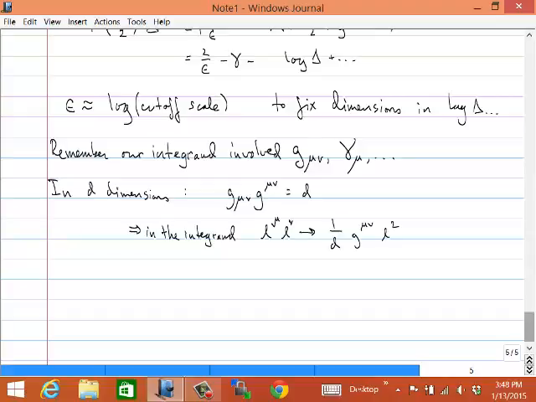So it turns out, and this is not something that's going to be important for the present calculation, but may be important in the future, that when you use dimensional regularization, we can still treat the gamma matrices as 4x4 matrices, but there are now d of them rather than 4.